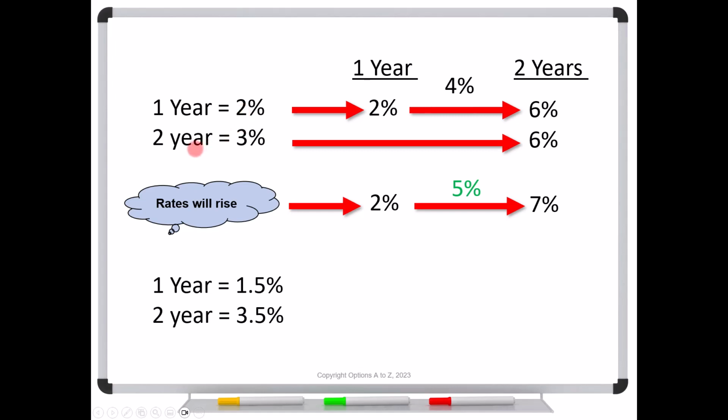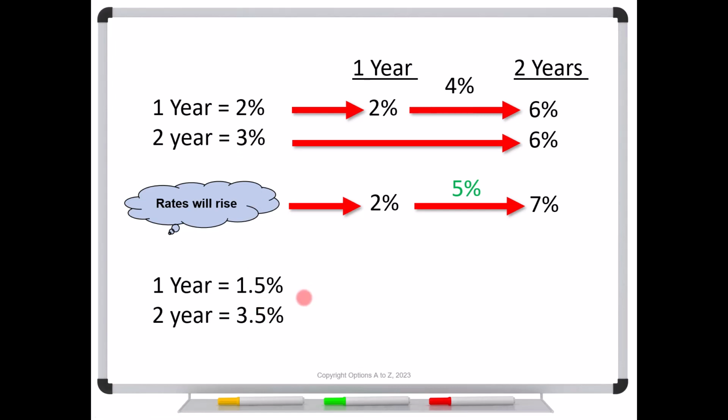And conversely, they will either start backing away from the 2 year, we'll start to see a lack of demand, which will push its price down, or they might even start shorting that bond. So that's going to put downward pressure on its price and upward pressure on the yield. And so that's why we would see something like this. We're not going to see 2 and 3%. The 2 year would be something less, again, maybe 1.5%. And the 3 year would be something more, maybe 3.5%.